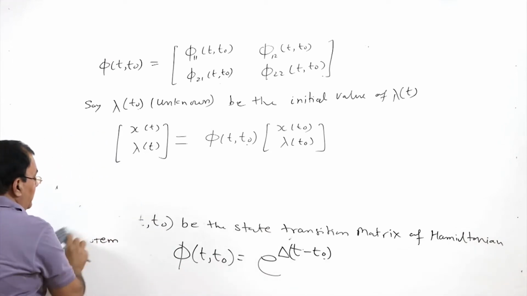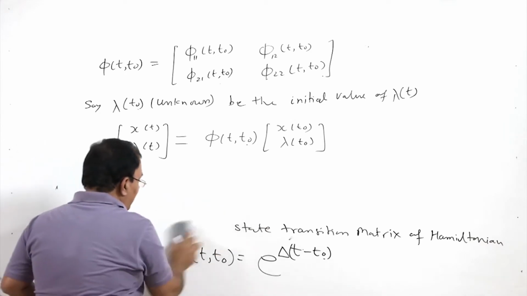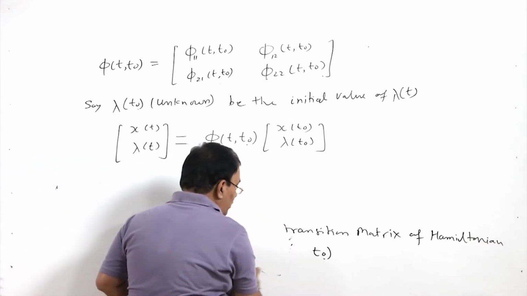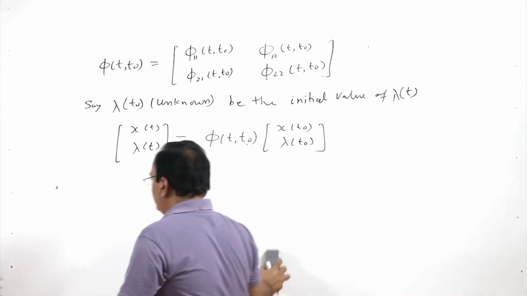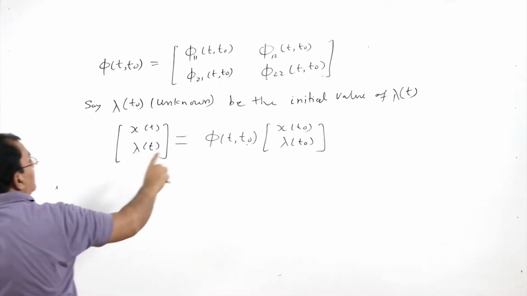So, this means we have considered that lambda(t0) is known, then I can write the solution in this form.